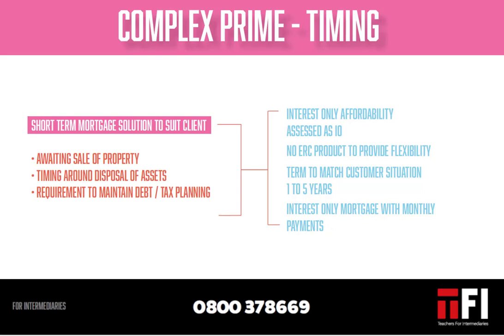There may be assets in the background that we may be able to use as a repayment vehicle. The typical solutions that we look at are clearly the downsizing, or sometimes the upsizing solution, where they're ready to buy, they're really keen to buy the property that they've fallen in love with, but maybe not quite ready to sell the property that they're in at present. So that could be a downsizing or an upsizing solution.